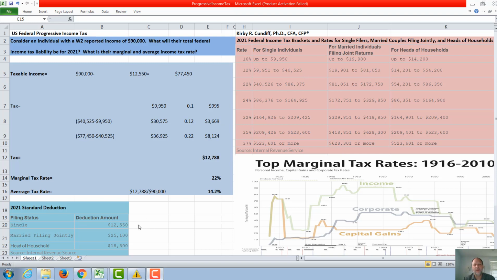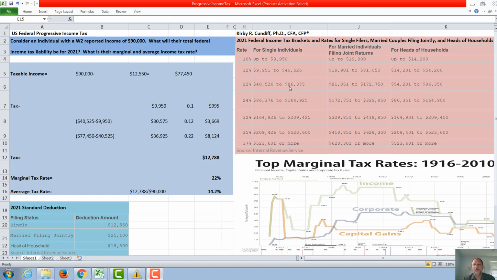But if you make over $12,551, the dollars over that, up to another $9,950, are subject to a 10% tax. Then between $9,950 and $40,525, they're taxed at 12%.